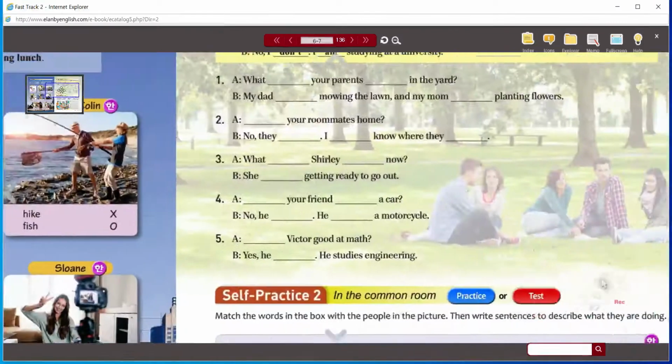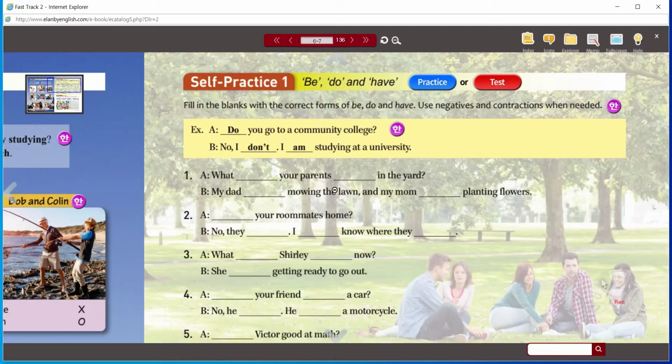All right, so for the self-practice, you're going to fill in the blanks. As you can see from the example, do you go to a community college? No, I do not. I am studying at a university. So give these blanks so we know these are the correct answers.